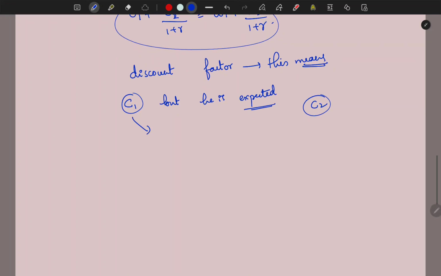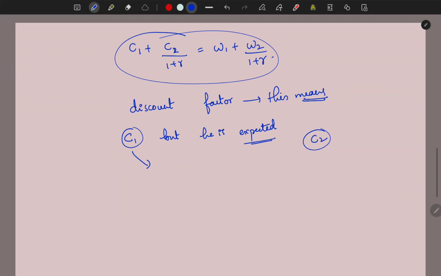Now if he values the same thing at the same level in C2, then C2 will be equal to C1.